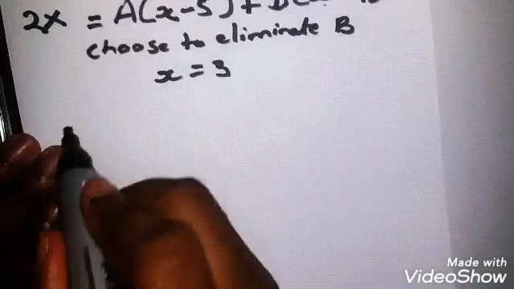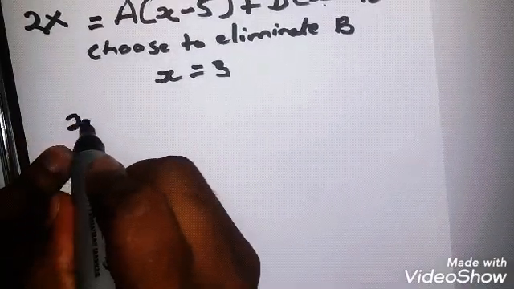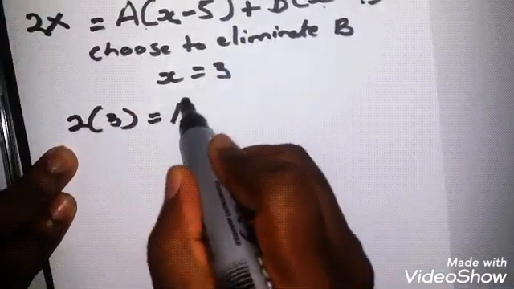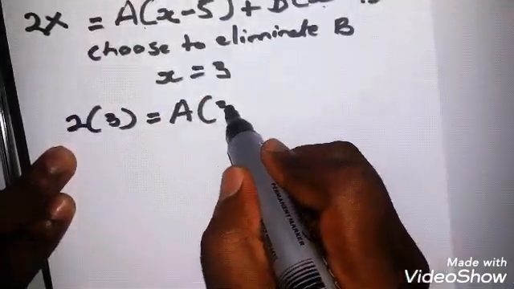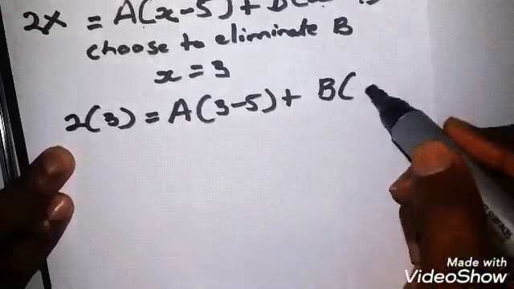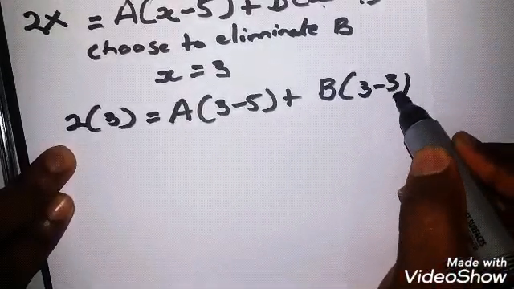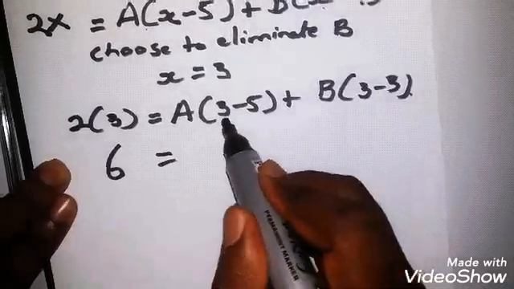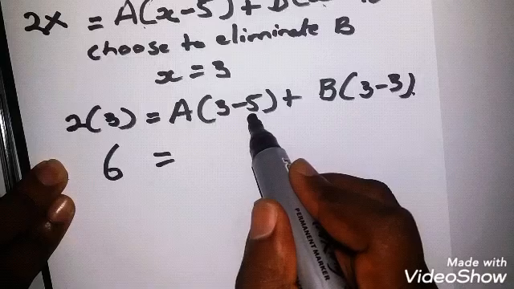So we'll substitute this in the equation. So 2 times 3 equals A times 3 minus 5 plus B times 3 minus 3. 2 times 3, that gives us 6. 3 minus 5, that is negative 2.